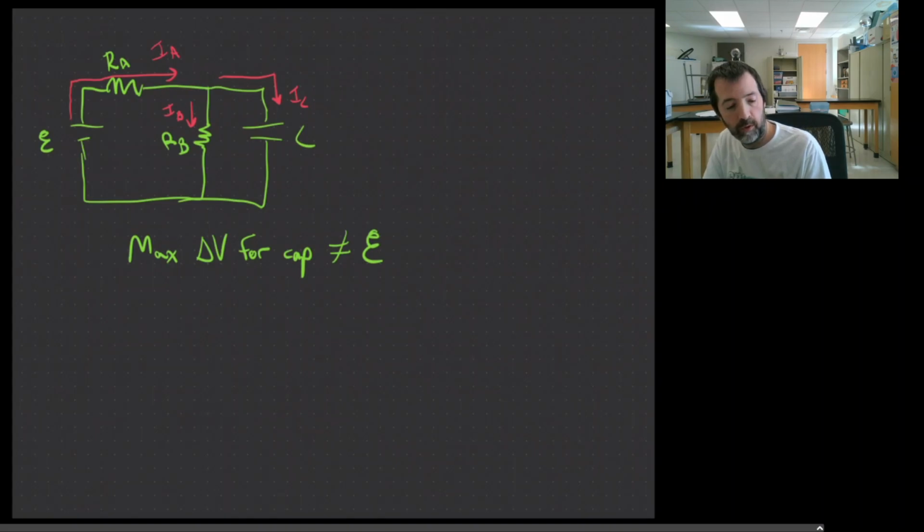So at t equals 0, current C is the same as current A, and current B is nothing.